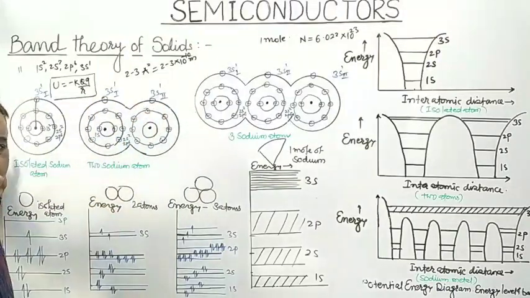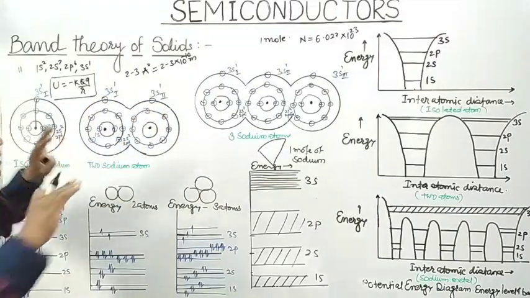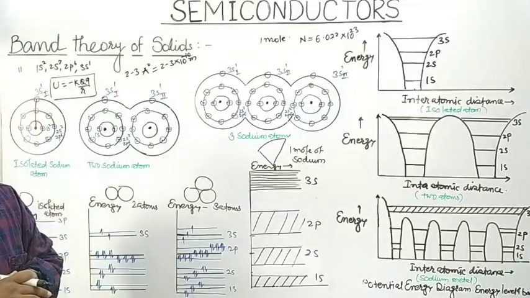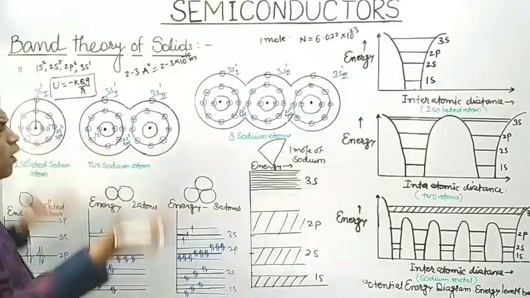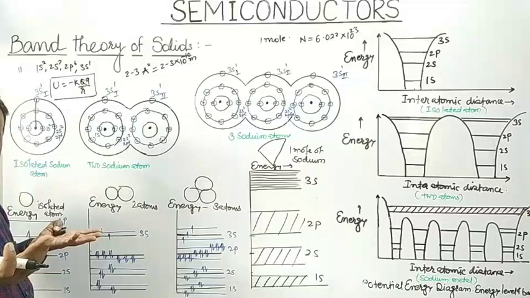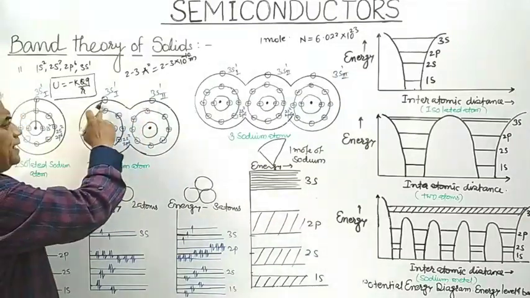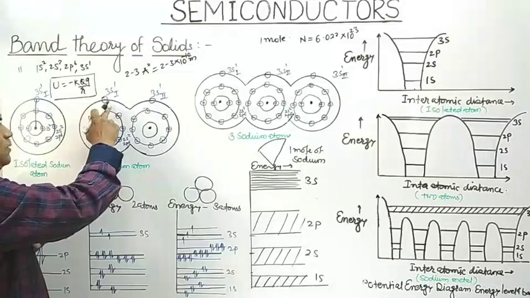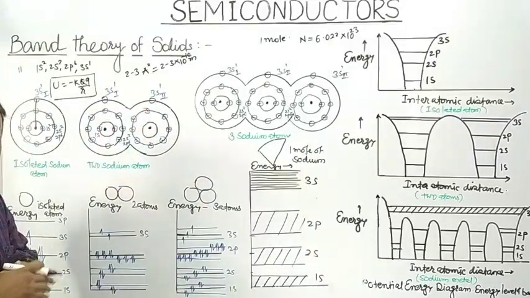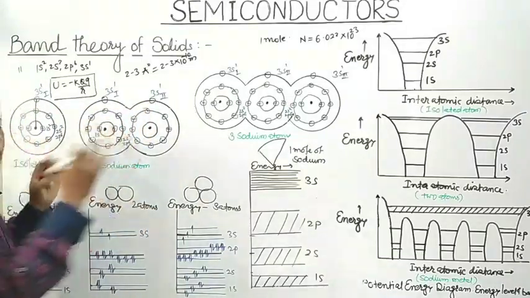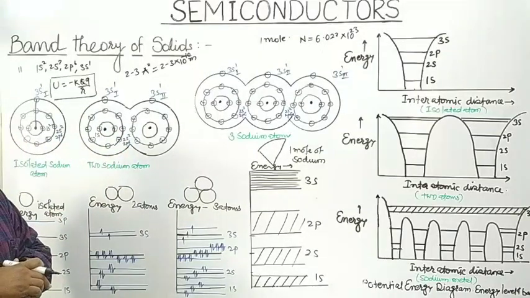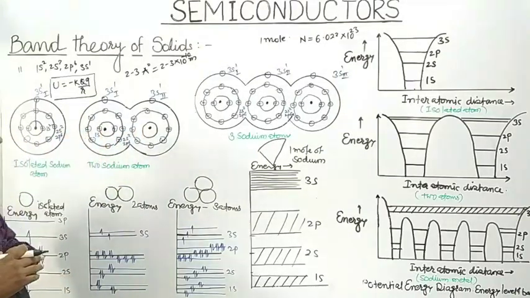The electron in the 3s orbit, or the electron in the highly energetic orbit, will have a strong interaction with the neighboring atom.